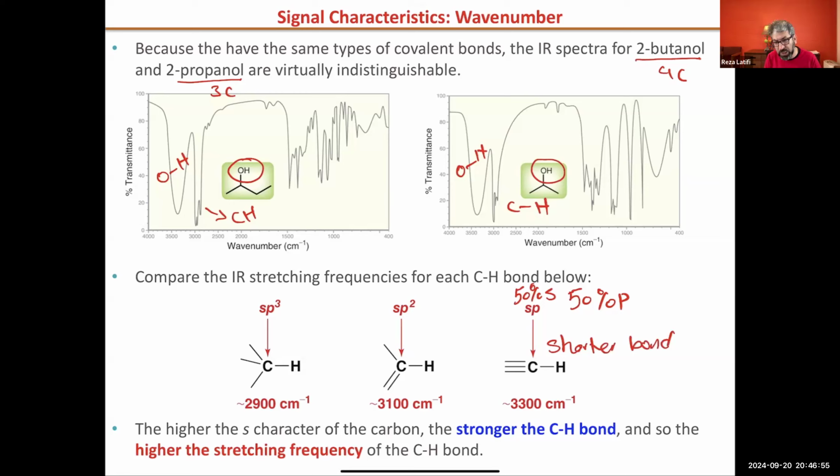And because it's a shorter bond, you have to spend higher energy to vibrate it. So CH, when it's attached to sp3 carbon, you need to spend 2900. If you turn it to sp2, now the percentage of S went from 25% to almost 33% S character, the bond got shorter, and now you have to spend higher energy. And if you push it to 50%, you need to spend 3300 to vibrate that bond.